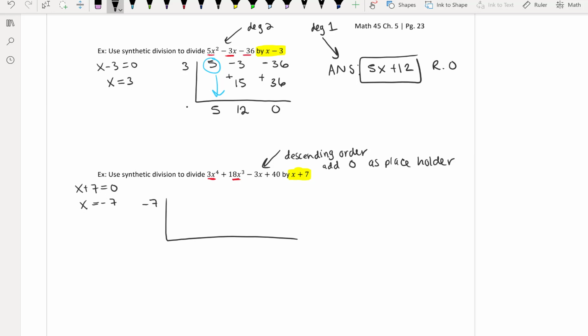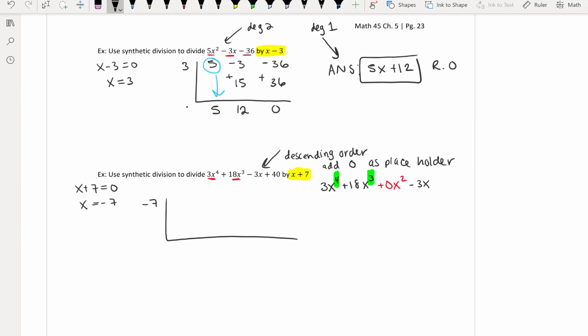So this is really 3x to the 4, plus 18x cubed. So I have degree 4, I have degree 3, but I don't have a degree 2. So this is where my placeholder is going to become 0x squared. And then I have a negative 3x.